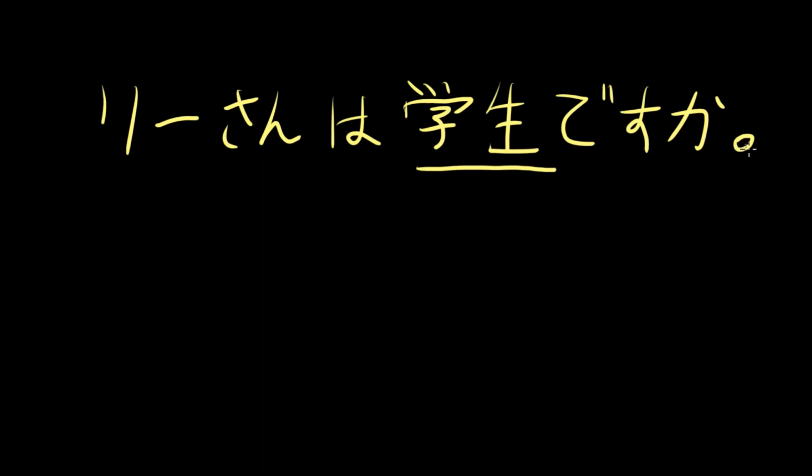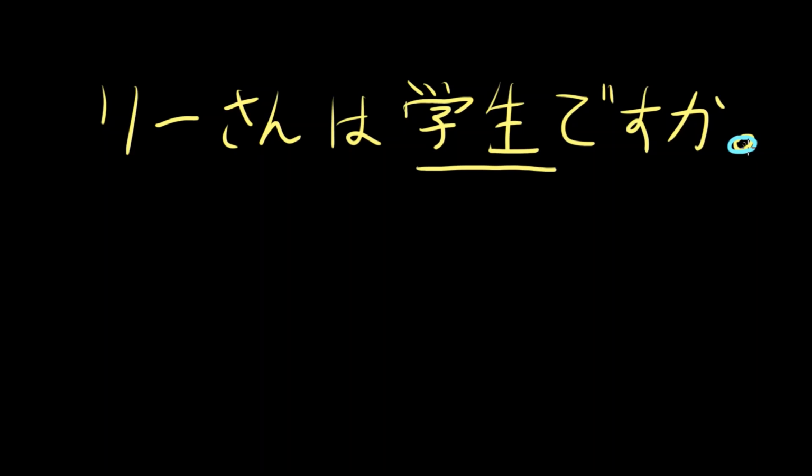Note this circle at the end. This circle at the end is just equivalent to a full stop or similar, but it's always drawn as a maru, as a circle. Even at the end of a question, well, you can use a question mark. I think modern Japanese would often use question marks.